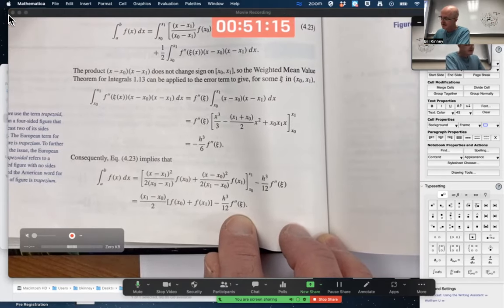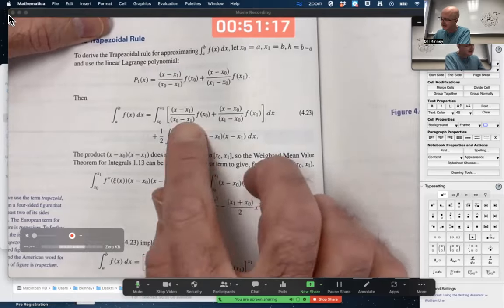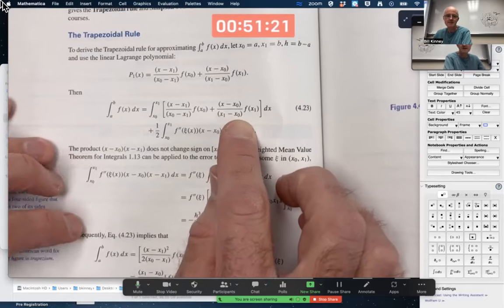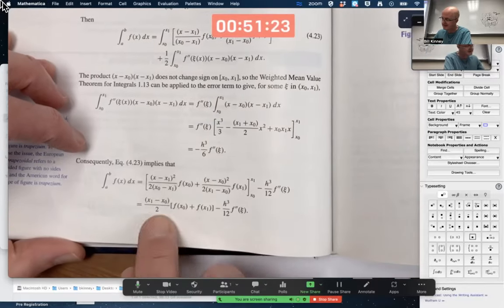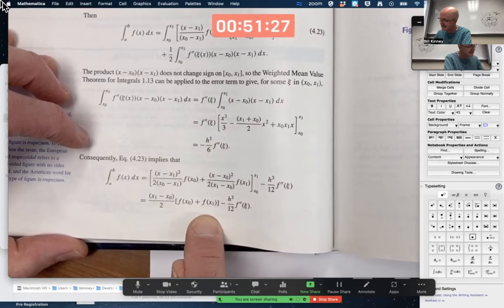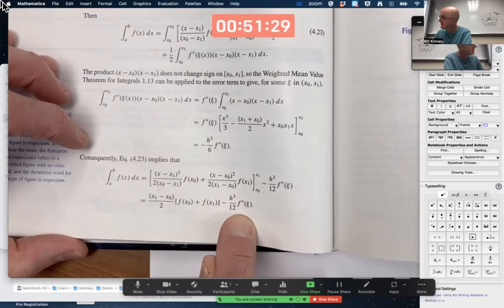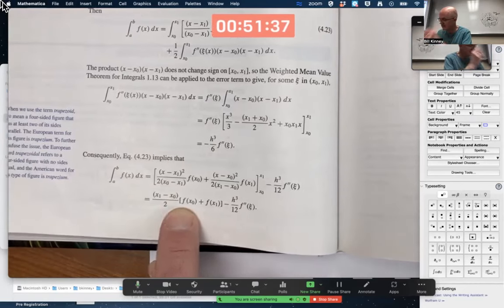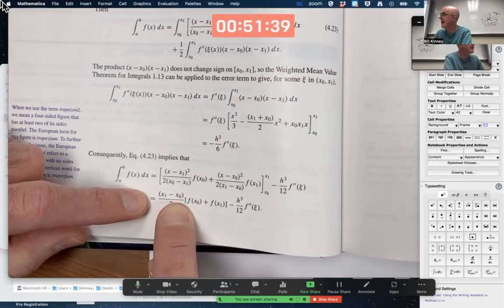Another thing that gets done here is to integrate this linear function, and you can verify with some nasty algebra that it simplifies to this. So there's your approximation. There's your error term. And this approximation can be simplified because you can replace x1 minus x0 with h.